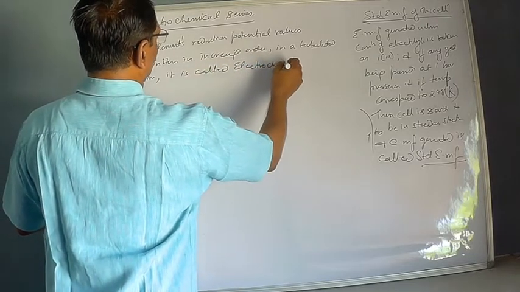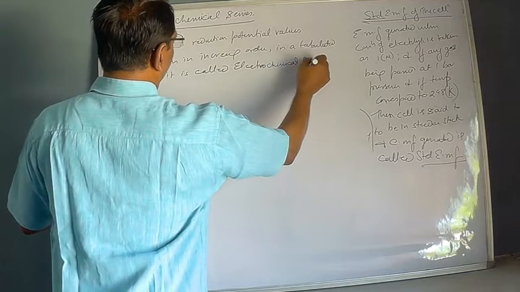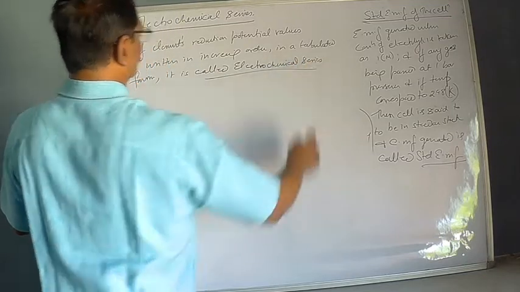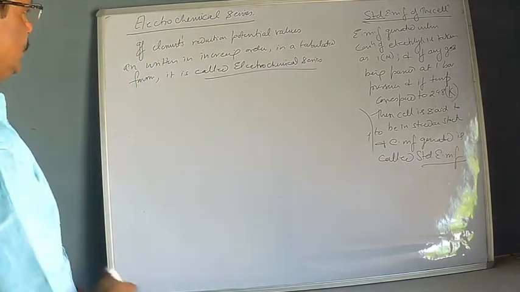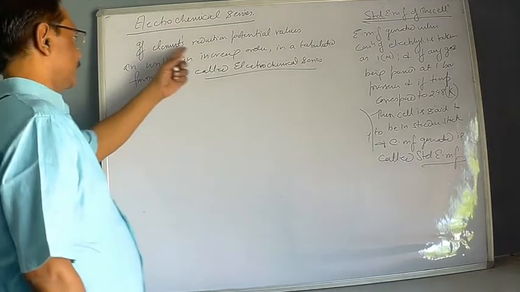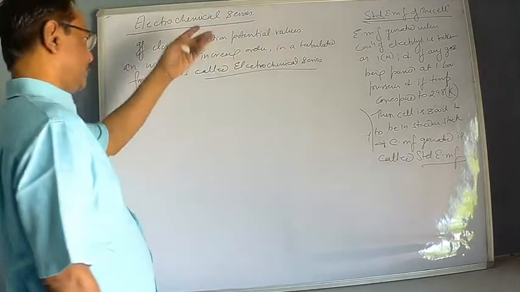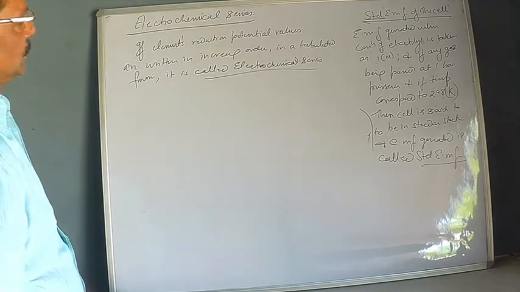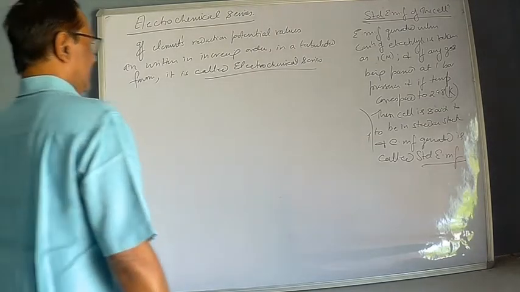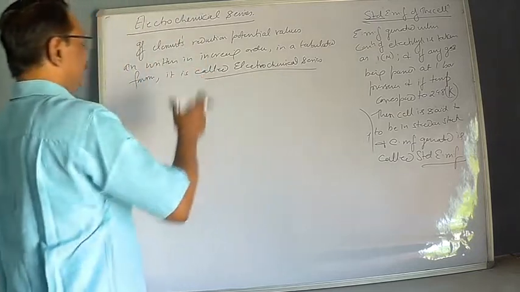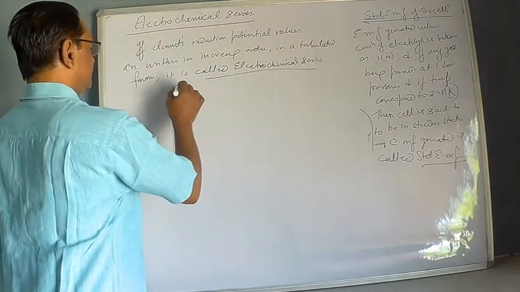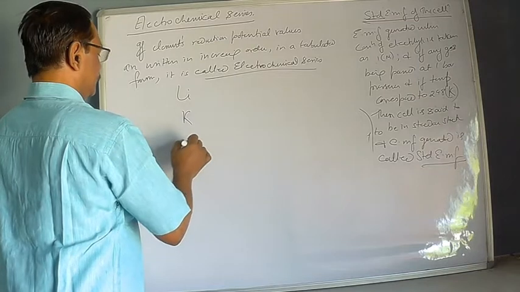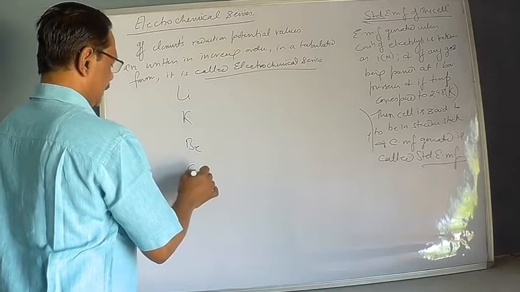Class, we are not supposed to remember the entire series, but you must understand the applications of electrochemical series. So I repeat again, if elements' reduction potential values are written in increasing order in a tabulated form, it gives the electrochemical series. Class, I give you a very simplified form of electrochemical series.